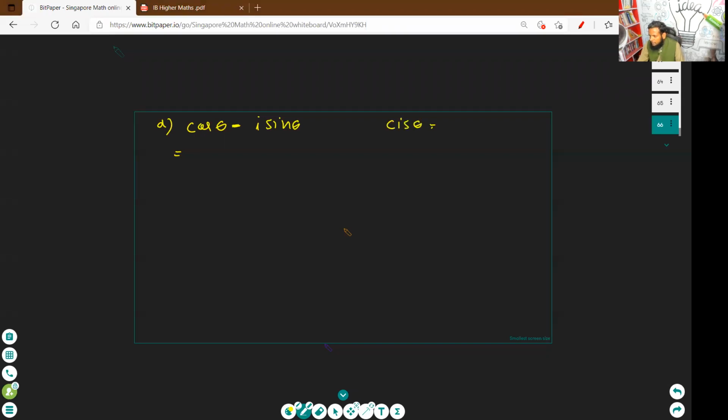We write cis theta when there is positive: cos theta plus iota sin theta, and both angles are the same, clear? Now change it. How can we make a plus here? Put this one as negative. Yes, do it in this step.